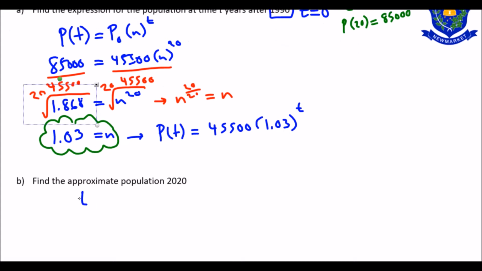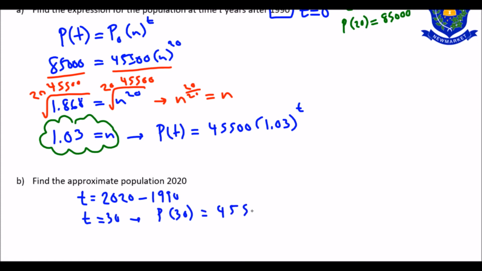Well, here my t will be 2020 minus the initial where I started, 1990. So here my t is equal to 30, so then I want P of 30, so this is going to be 45,500 times 1.03, all to the exponent of 30.